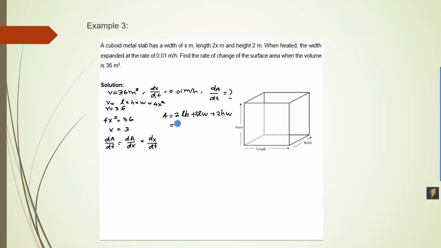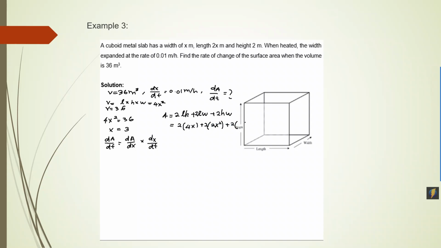Okay, so we have 2 times length 2x times height 2, that is 8x, plus 2 times length 2x times width x, which is 4x squared, plus 2 times height and width.